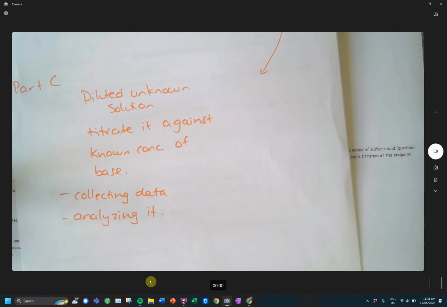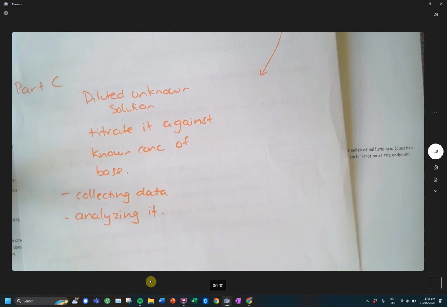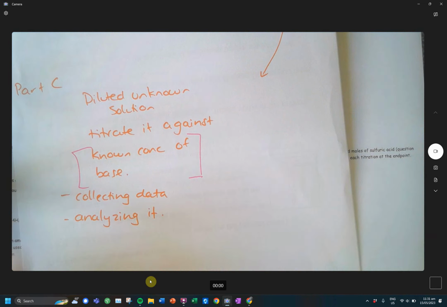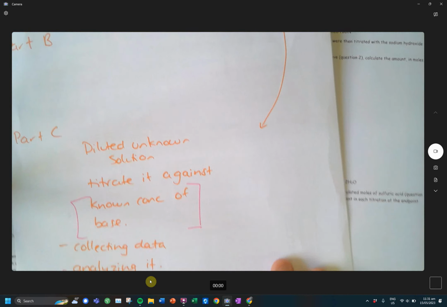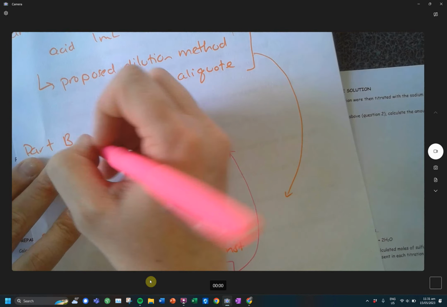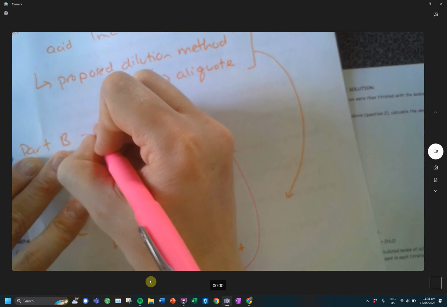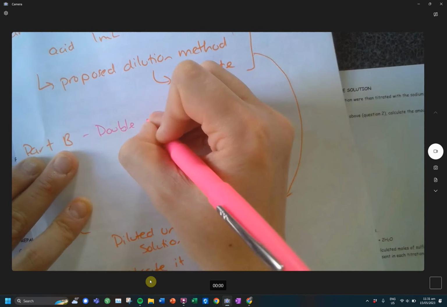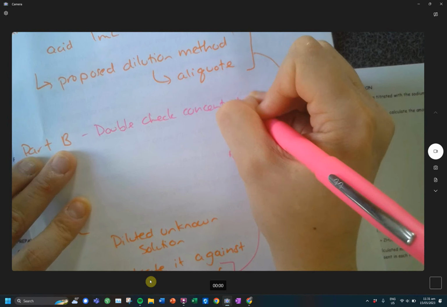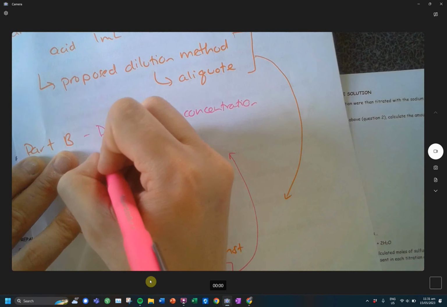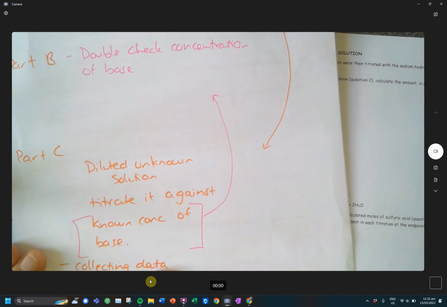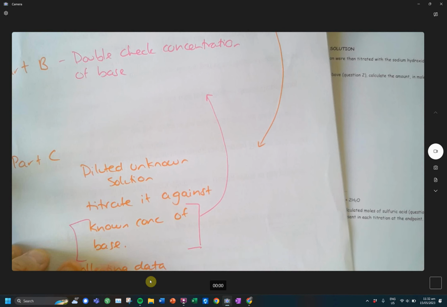All right. Now, something to keep in mind before you do this titration is we want to double check the concentration of the base. So that's what causes us to do part B. So basically, before I do part C and I do my titration, I just want to double check that this concentration is right.